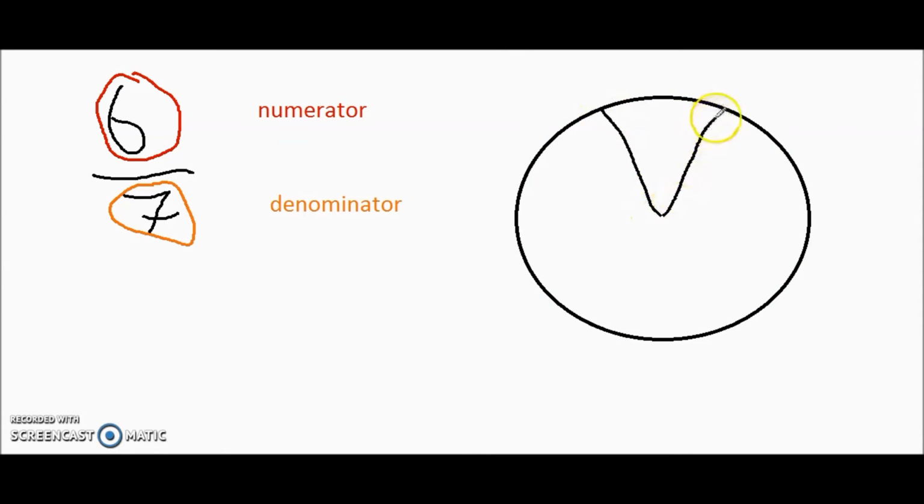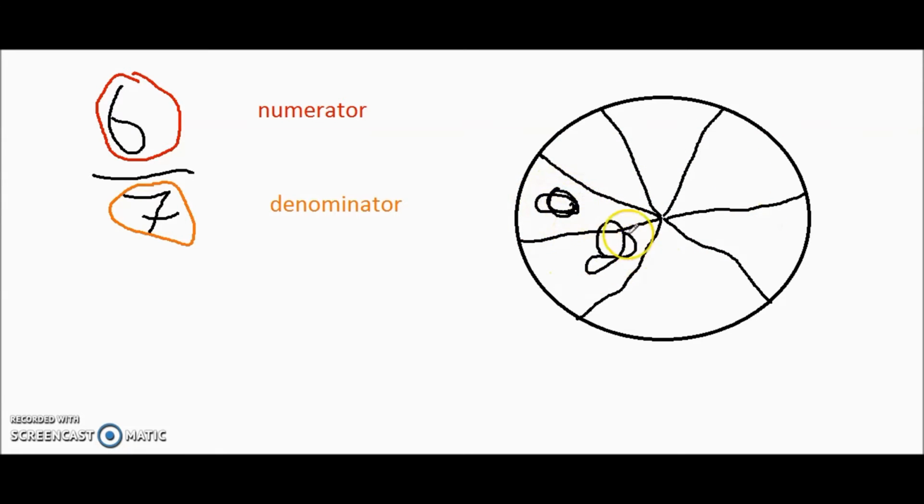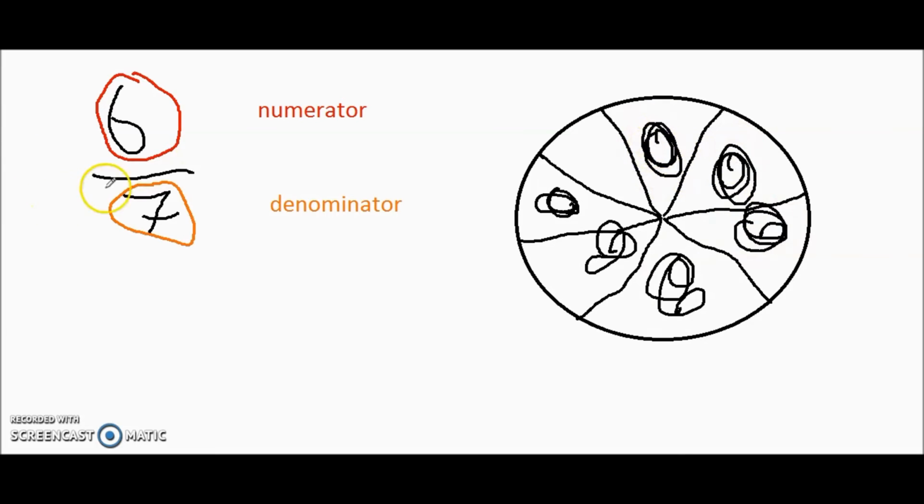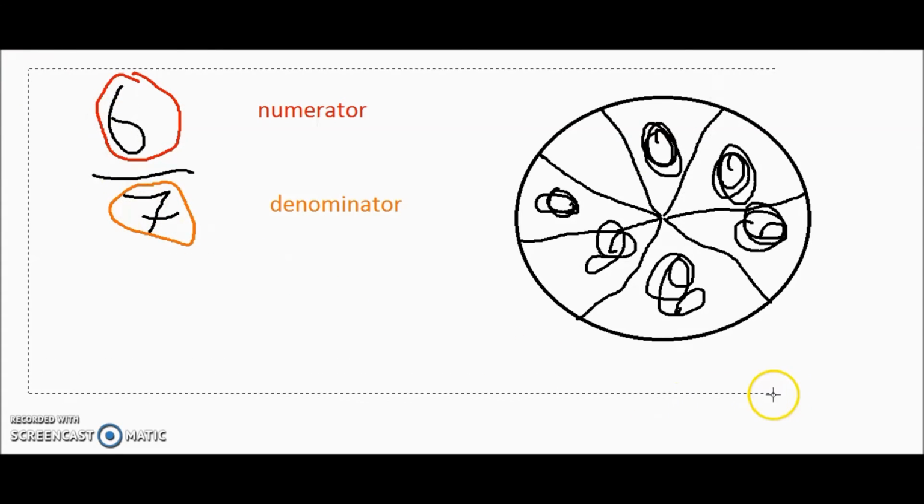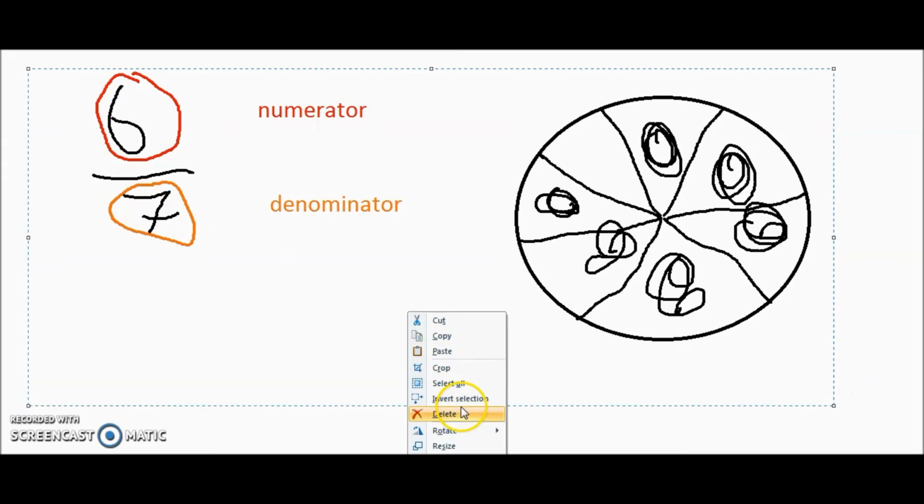So basically, 1, 2, 3, 4, 5, 6 out of the 7 are going to be colored in for our fraction. So I'll clear the screen for everyone, and then let's go look at adding fractions today.